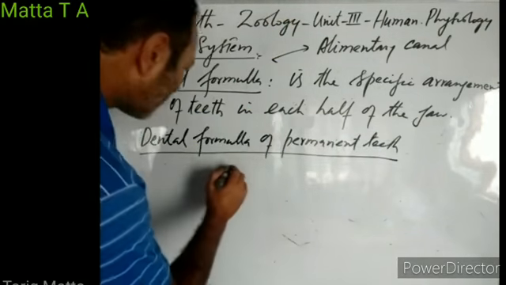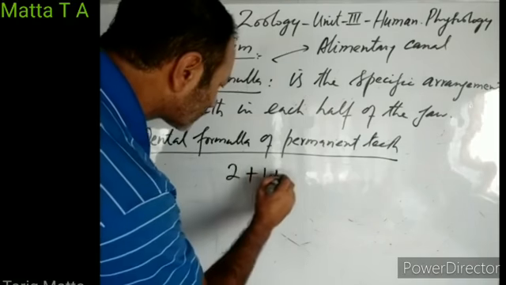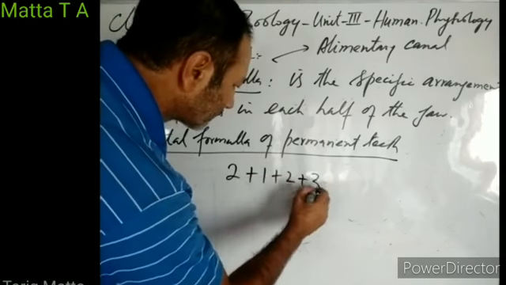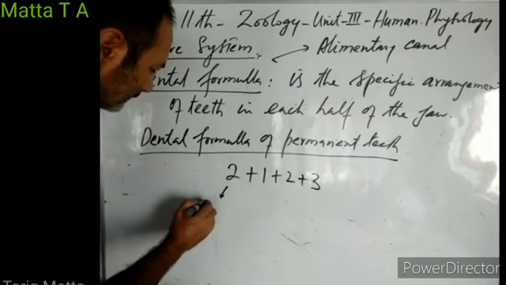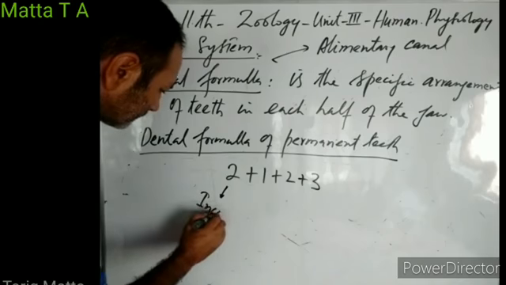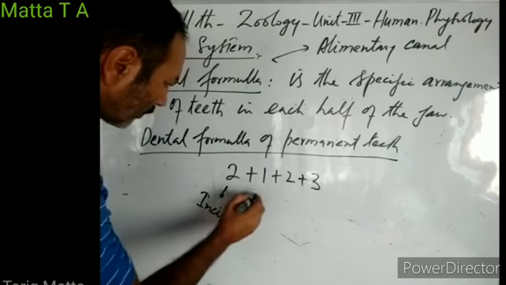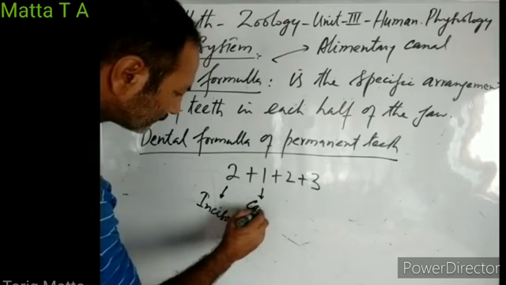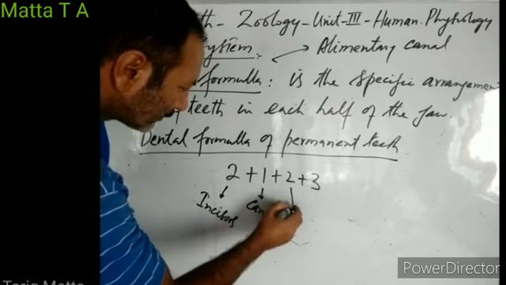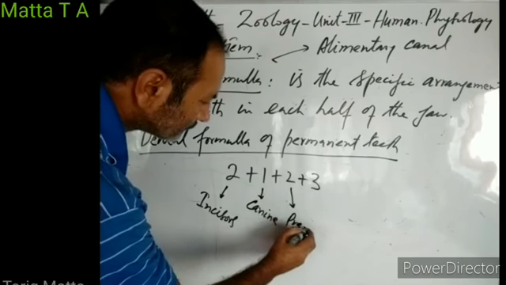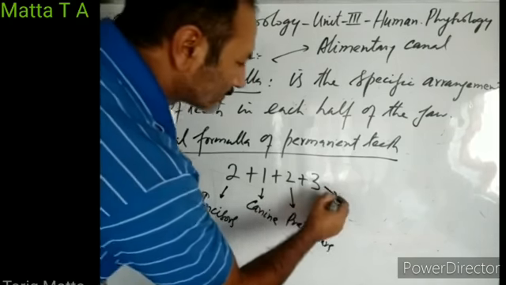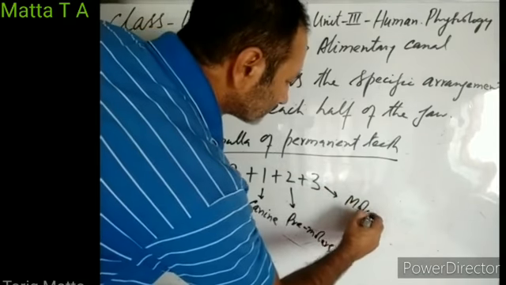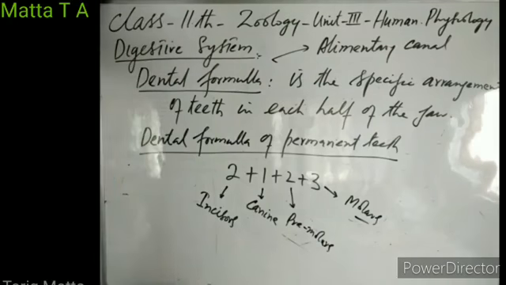The dental formula of permanent teeth is 2 plus 1 plus 2 plus 3. So that means there are two incisors, one canine, two premolars, and three molars on each half of the jaw.